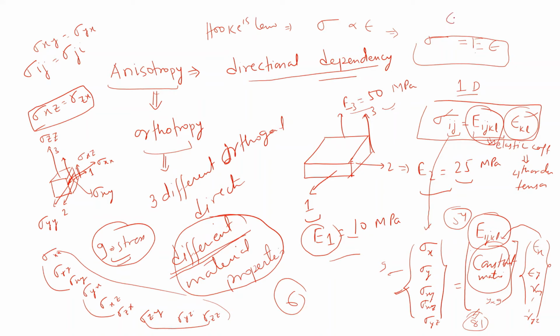So epsilon ij equals epsilon ji, meaning epsilon xy or gamma xy equals epsilon yx. Again we apply this property, and it will further reduce the strain to 6. Then the constants will be reduced to 36.